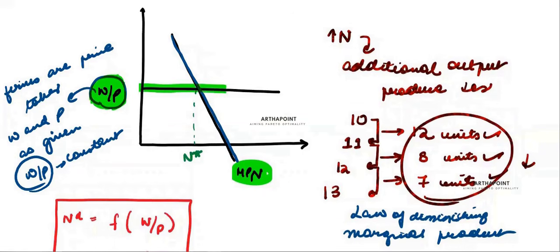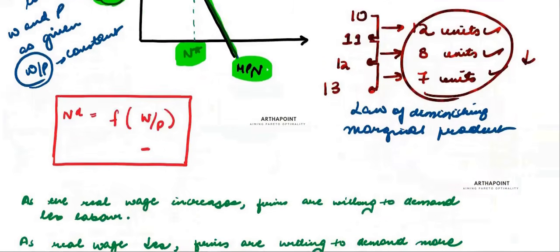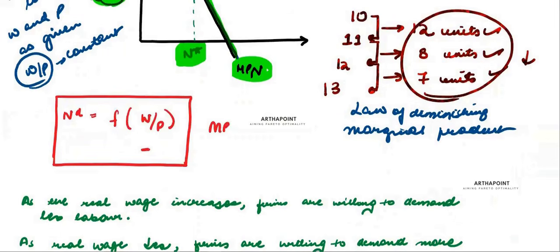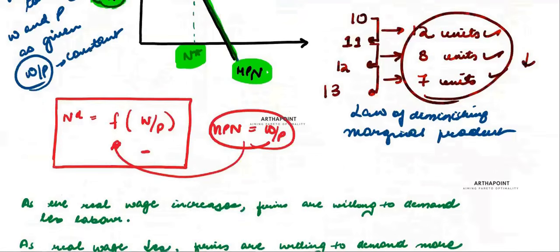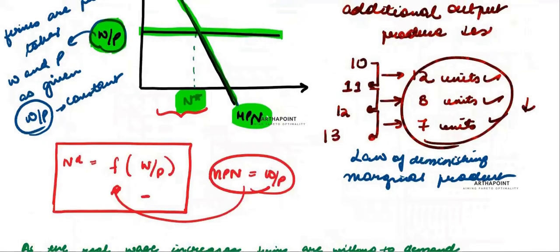And wherever this W by P line intersects this line, that is where your equilibrium is attained. This is your N star. So your equilibrium is where your marginal product of labor is equal to the real wage. The amount of labor at that point is your equilibrium labor demanded. Supply will come from the household side.